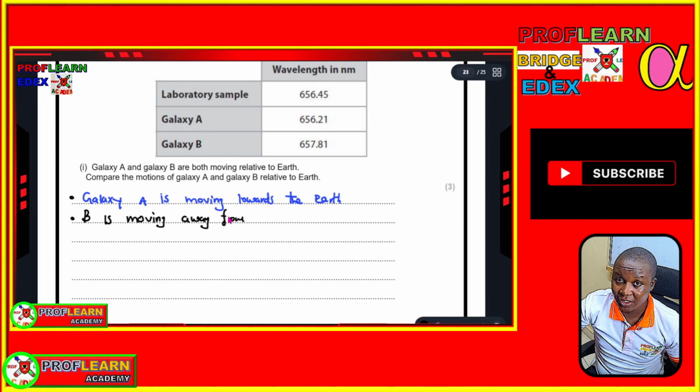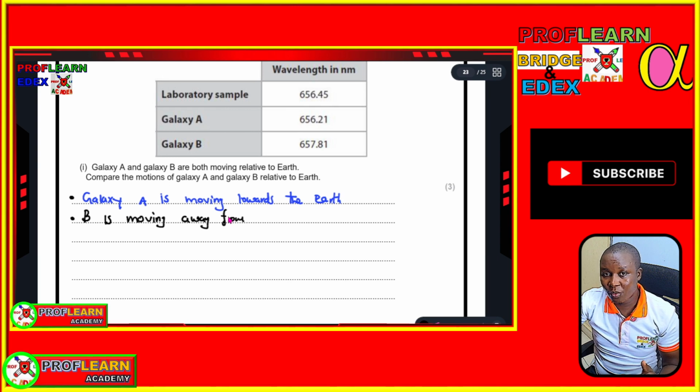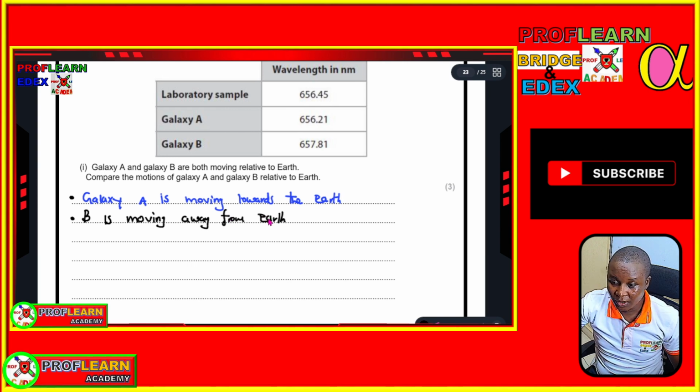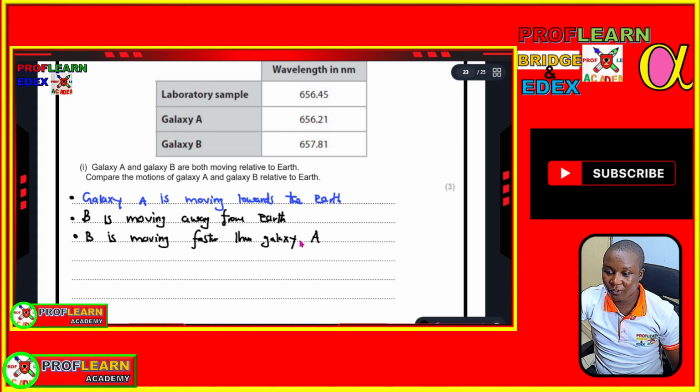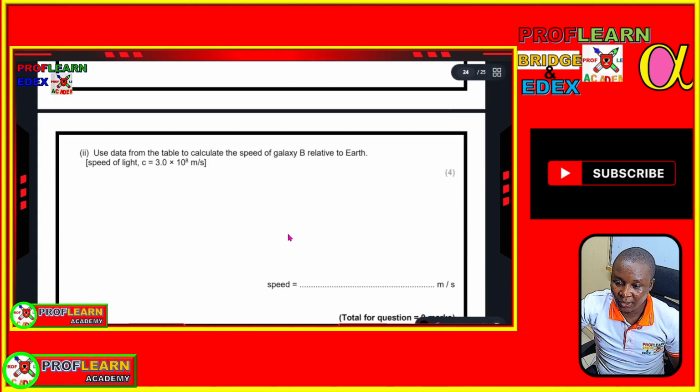If the wavelength is long, it means the galaxy is moving away. And if the wavelength is also long, it means the galaxy is moving at a higher speed. So we can say galaxy A is moving toward the Earth, B is moving away from the Earth, and B is moving faster than galaxy A.